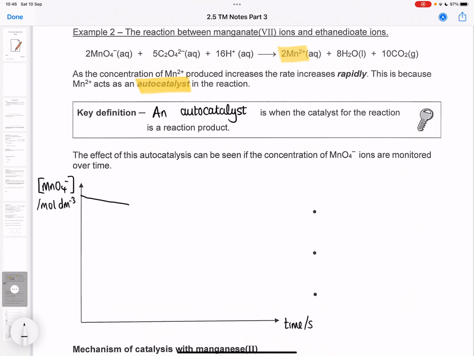And remember, on a concentration time graph, the gradient is representing the rate. Then all of a sudden, the gradient speeds up. So we go from being fairly level to being fairly steep, and then we gradually slow down and taper off as the reaction stops.